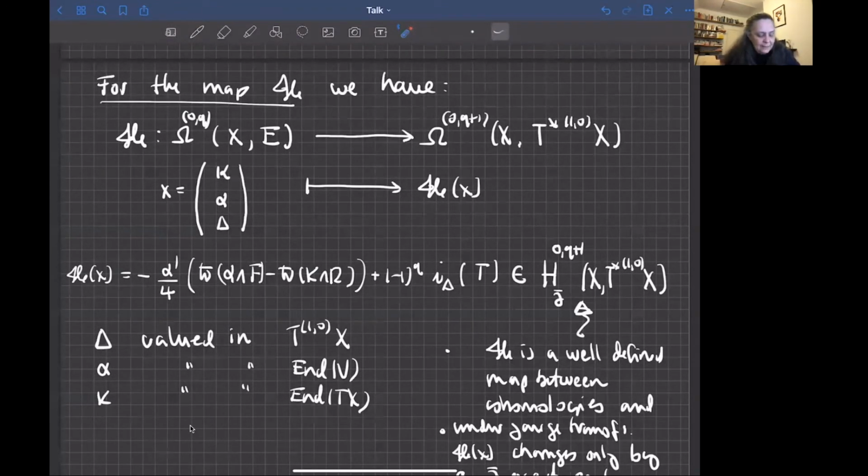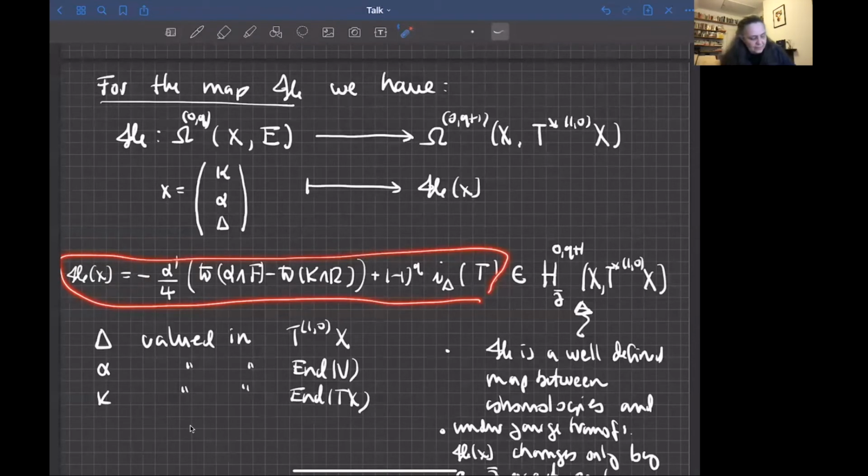It maps forms with values in E to forms with one degree more with values in the holomorphic cotangent bundle. So if I call X a form with values in E, this maps it to H acting on X. The formula looks nasty, but it's not so nasty.